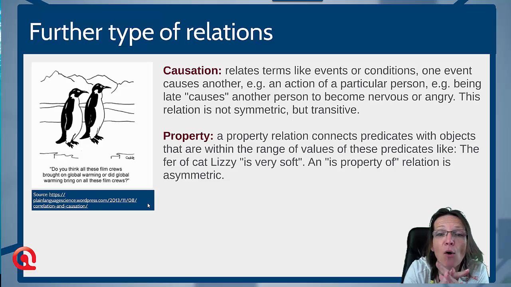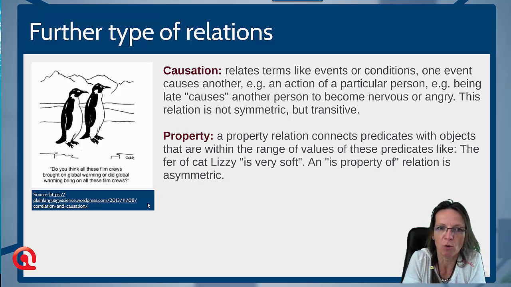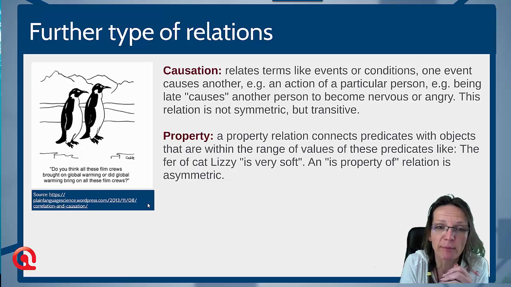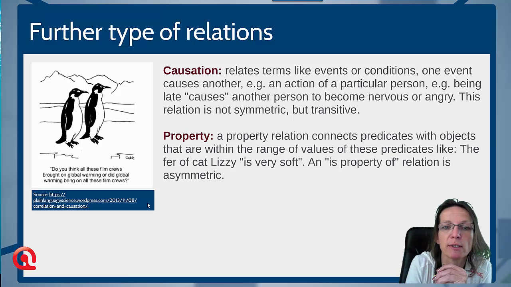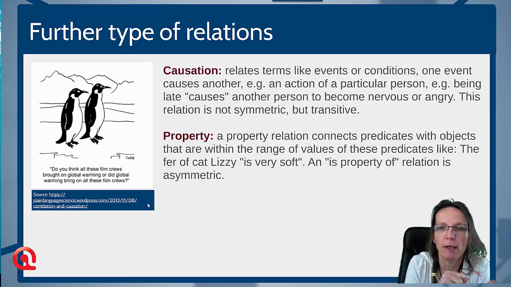So a causal relation in general is a transitive relation and is not symmetric. And if you have something like these things are linked to each other and you cannot determine a cause, we would have a symmetric relationship, and that's why causations are not symmetric relationships.